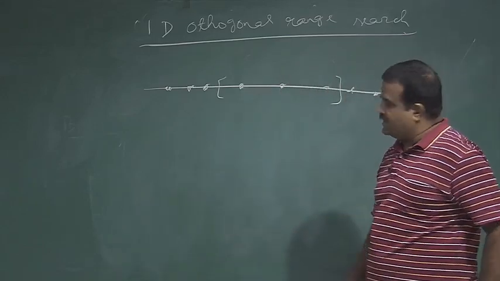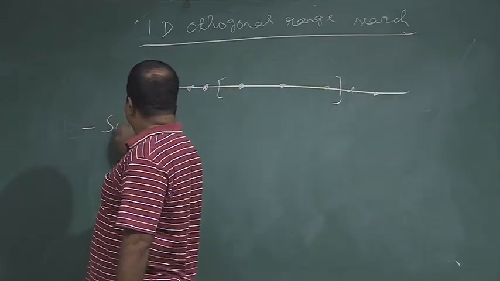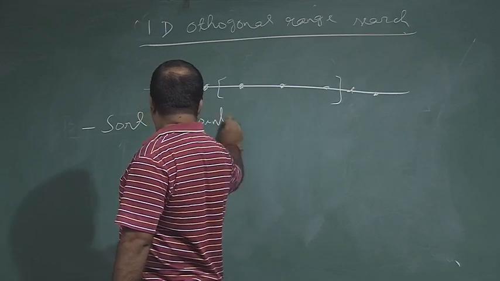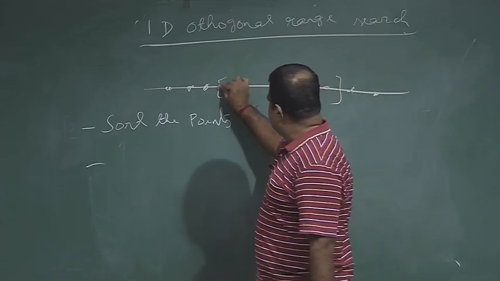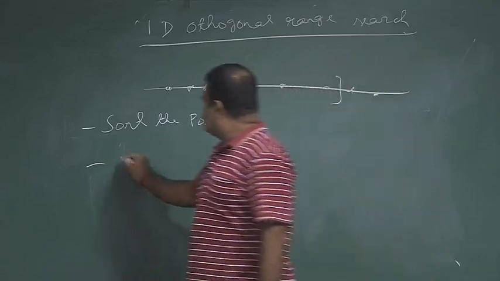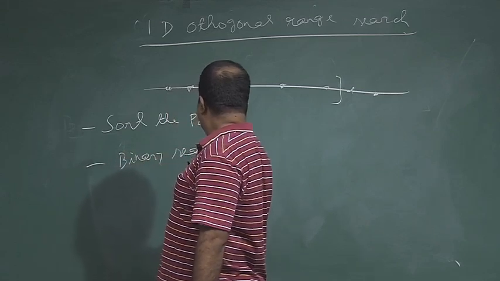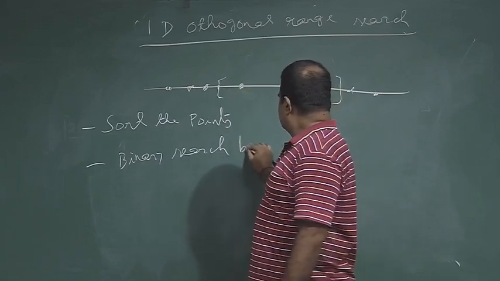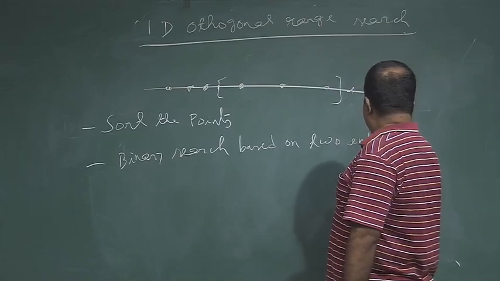That is the 1D range search. So, how can we use sorting? We can sort the points and then do binary search based on these 2 endpoints, and whoever is in the middle we can report.